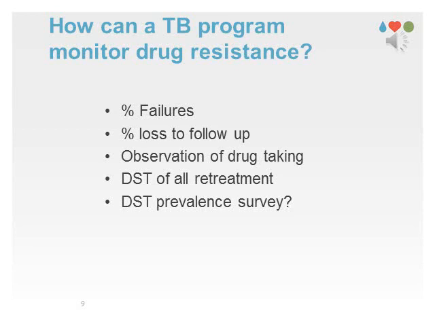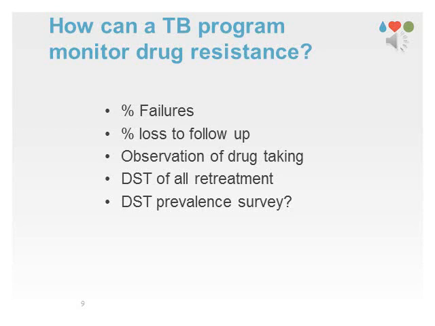If the proportion of patients lost to follow-up is high, you know that the program has big challenges in completing the treatment, and this may be associated with drug resistance. If the tuberculosis program is not ensuring drug taking by direct observation, there is a much higher risk of drug resistance.